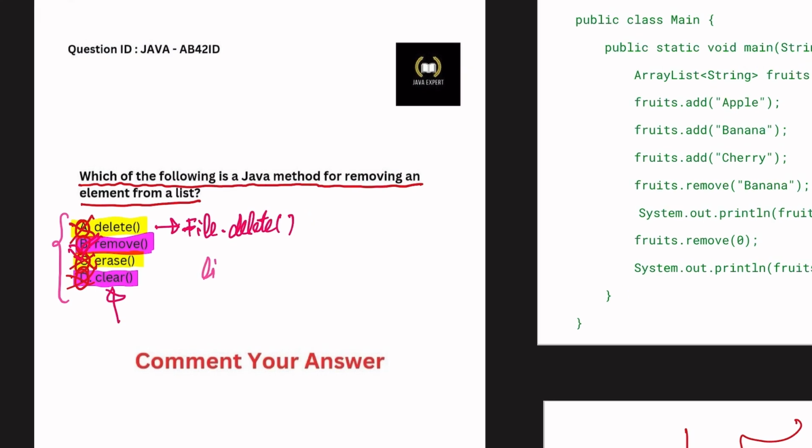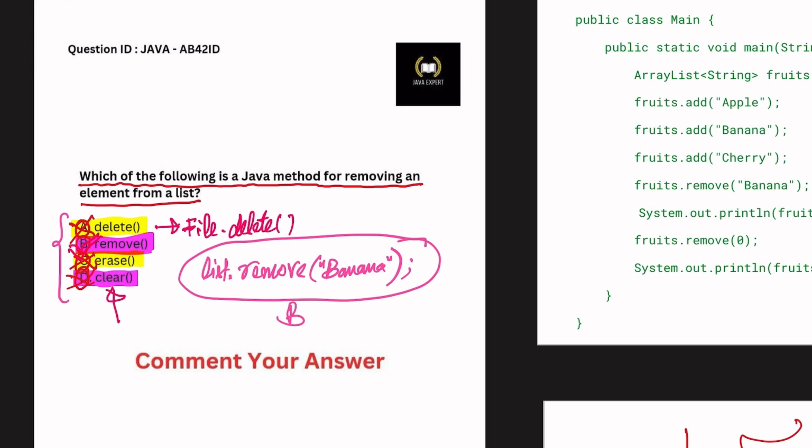Like if you created a list object and with the help of that object you are removing banana from the list. How you can do that? This is the way to remove the element from the list. This way is called by value. We are just deleting the element with the help of the value which is inside the list.